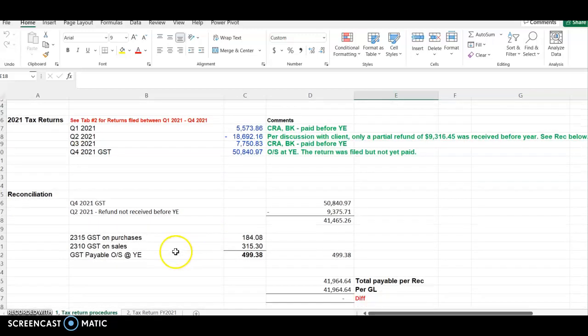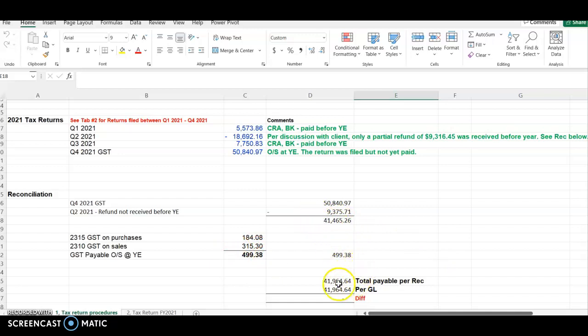And according to the client's GL, after the year end, like after they already did their return, they had some purchases and sales, GST purchases and GST sales, okay, of this total amount. Okay, so we need to add this to what the client is owing.